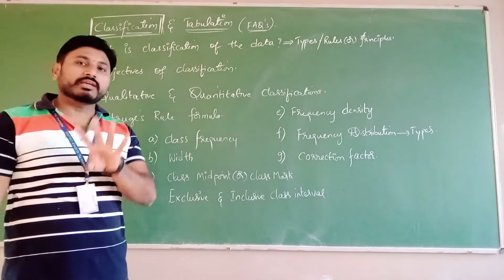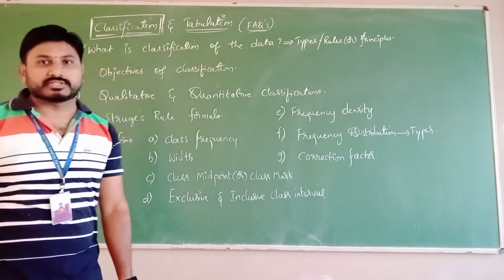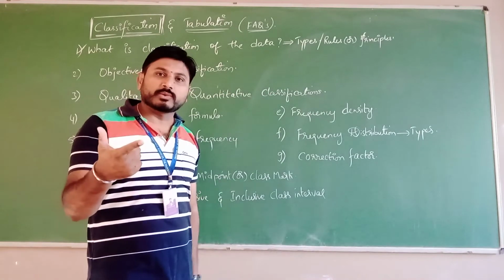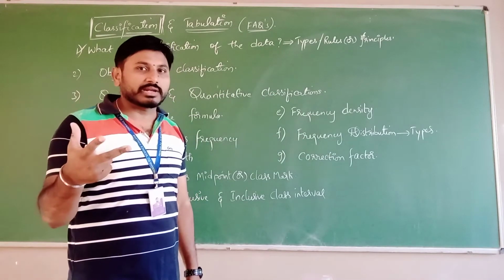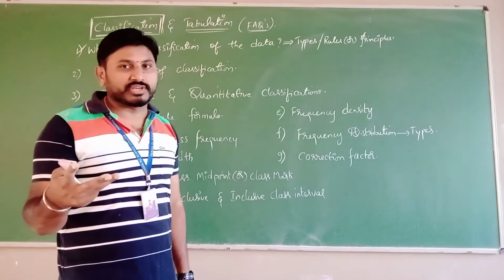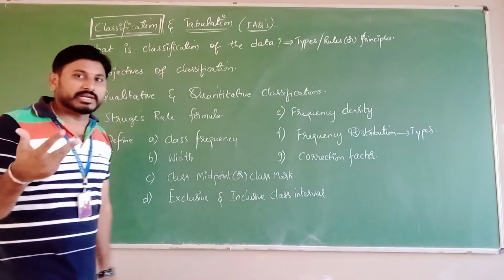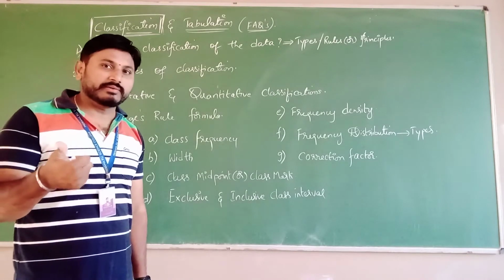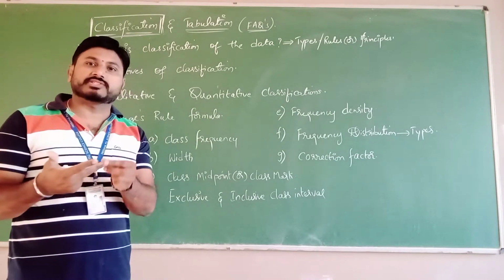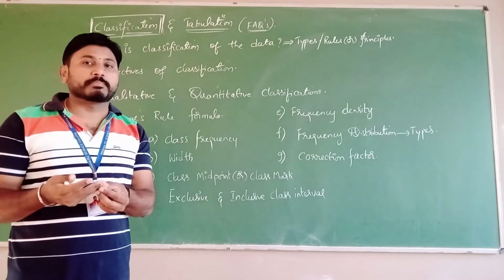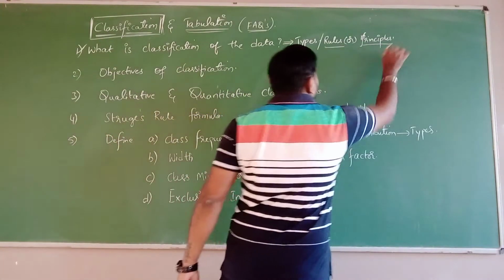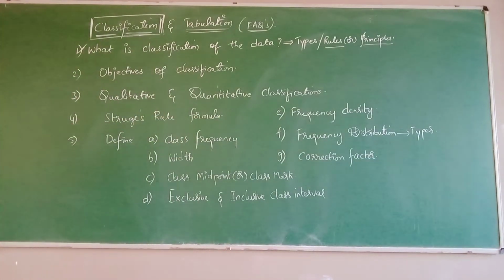There are 4 different types of classification: qualitative classification, quantitative classification, geographical classification, and temporal classification. Are you clear guys? How many types of classification do we have? Totally 4. First is qualitative, second is quantitative, third is geographical and the fourth is temporal classification.